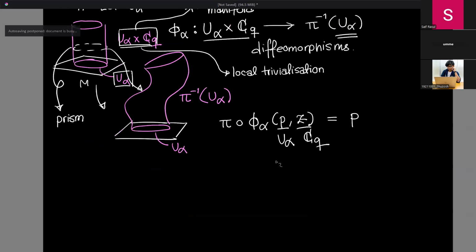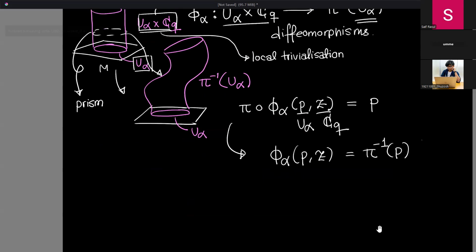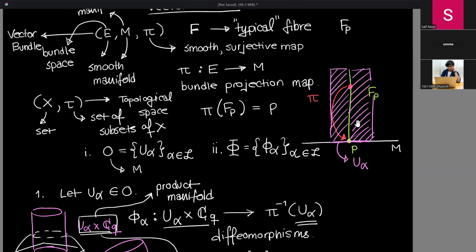In other words, if we take the pi inverse of both sides, then we get phi alpha of (p, z) is equal to pi inverse of p. But what's pi inverse of p? It's just the fiber at p, because pi is taking the entire fiber down to p. So pi inverse is taking p to its entire fiber.